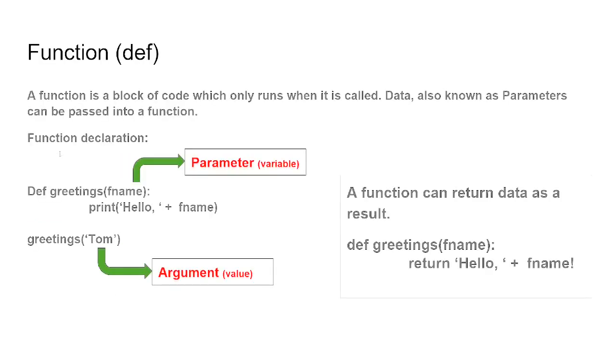Say we have hello, sorry, def greeting. That's DEF for definition, to define the function. I'm calling this function greetings. This function is going to take in a parameter, and the parameter is like a variable that will hold something like an argument when the function is called.